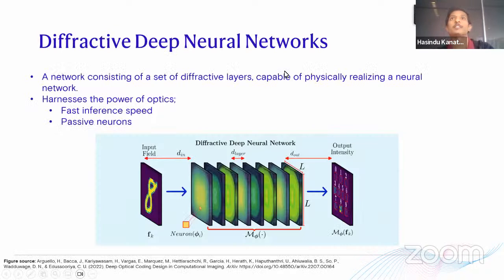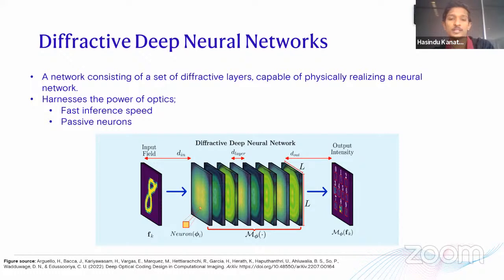I'll start with a brief introduction to diffractive deep neural networks for anyone who's not familiar with them. These networks have a set of diffractive optical layers, and we can use them to physically realize a neural network. They harness the power of optics to do inference almost as fast as the speed of light.